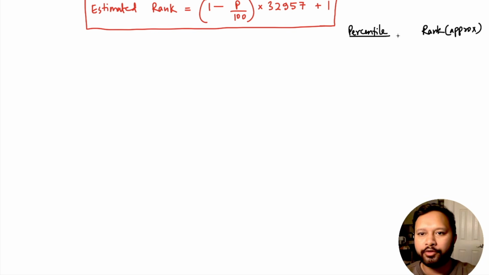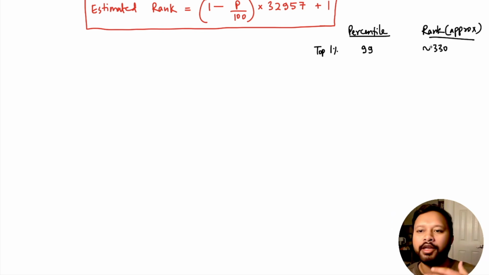Okay, so if your percentile is 99, in that case you are among the top 1% candidates, and if you put everything in, your rank will be approximately 330. That is going to be your approximate rank. Your rank will be 330 or better.